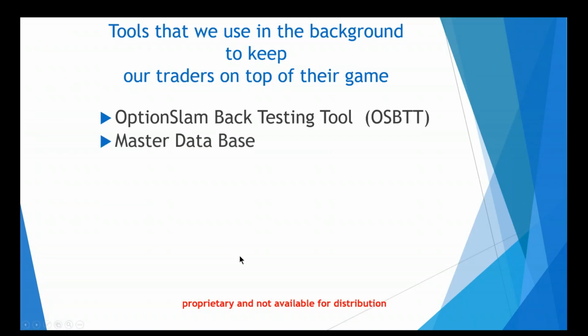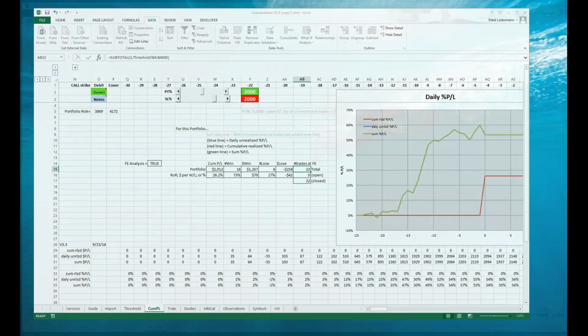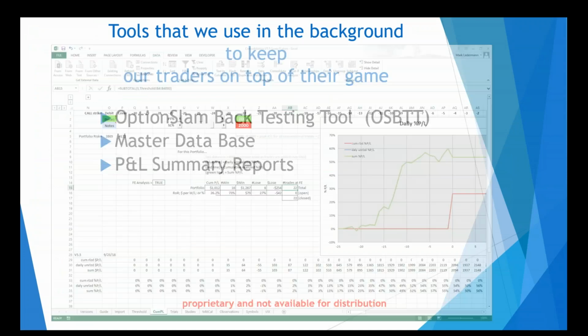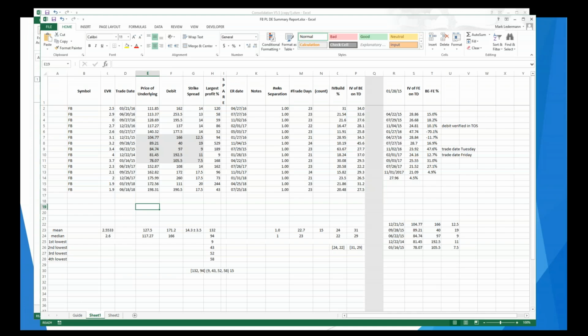So now let me show you the P&L summary report of Facebook, or one of them anyway, one of the P&L summary reports. And here is one of the P&L summary reports of Facebook.